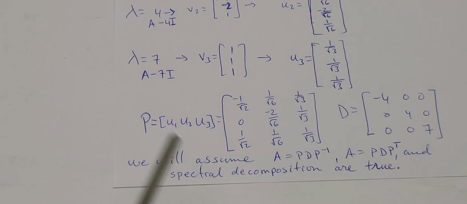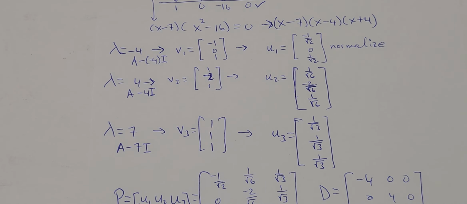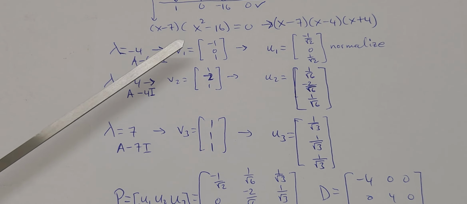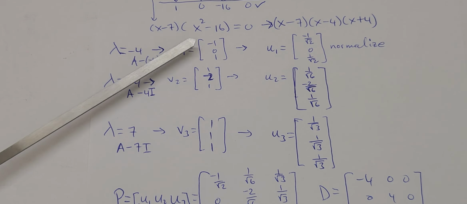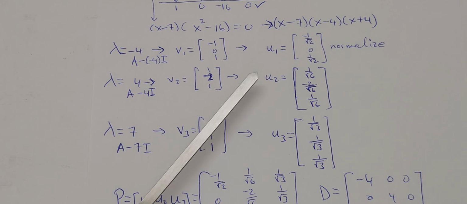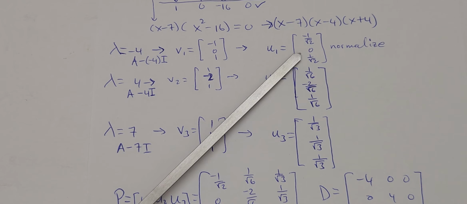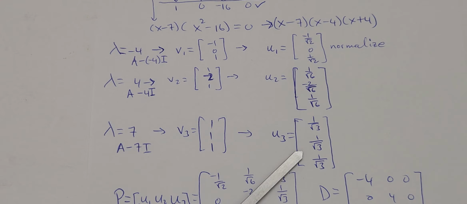So again, if you are going to do diagonalize, then you will use the regular eigenvectors. If you're going to do orthogonal diagonalize, then you will use the normalized eigenvectors.